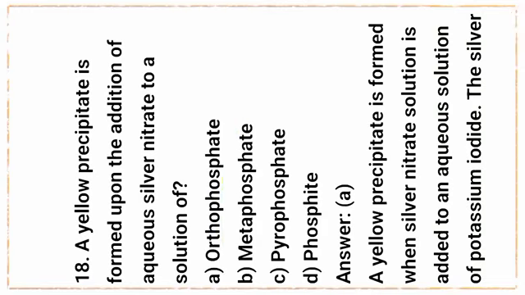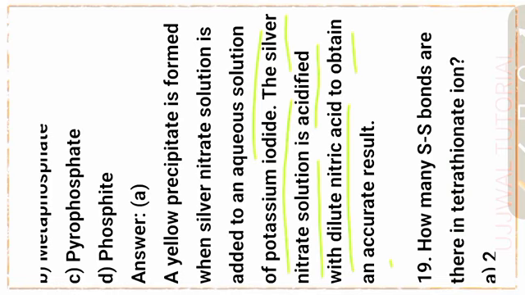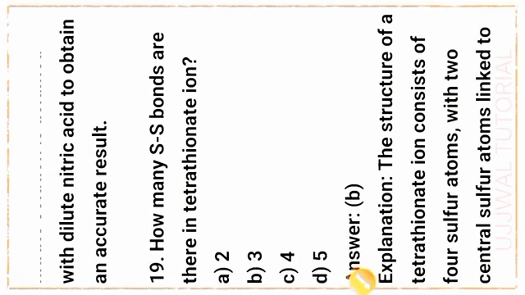To explain this part, a yellow precipitate is formed when silver nitrate solution is added to an aqueous solution of potassium iodide. The silver nitrate solution is acidified with dilute nitric acid to obtain an accurate result.